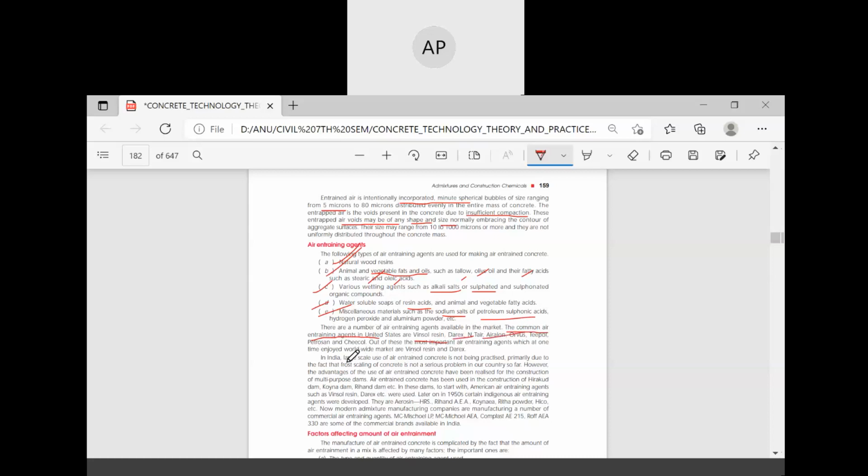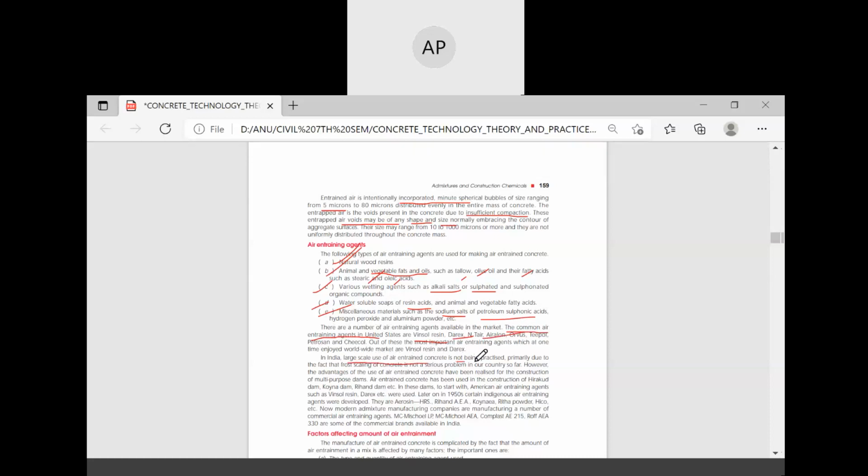In India, large scale use of air entrained concrete is not being practiced, primarily because frost scaling of concrete is not a serious problem in our country.